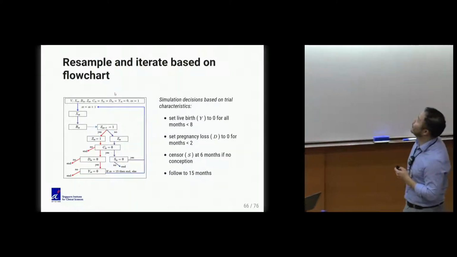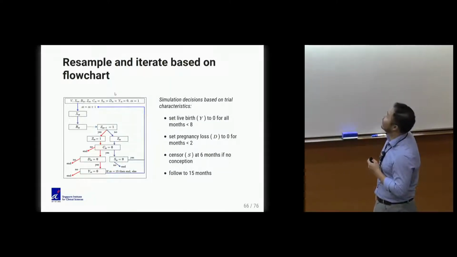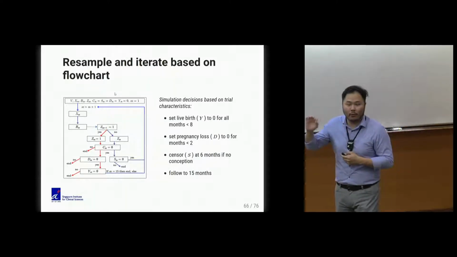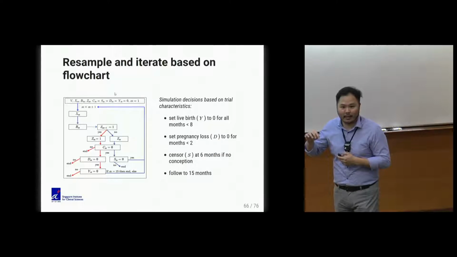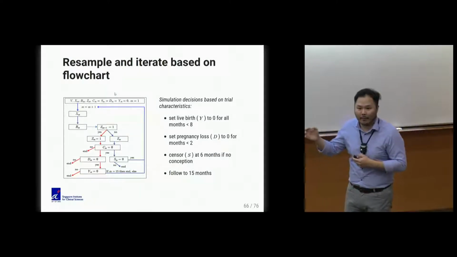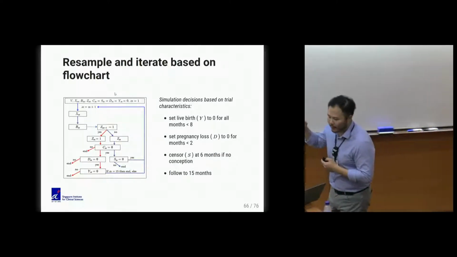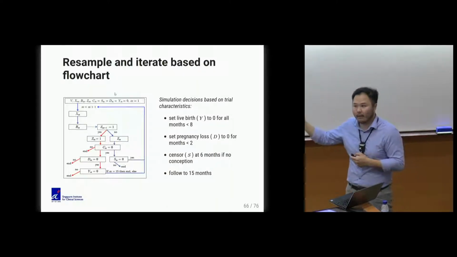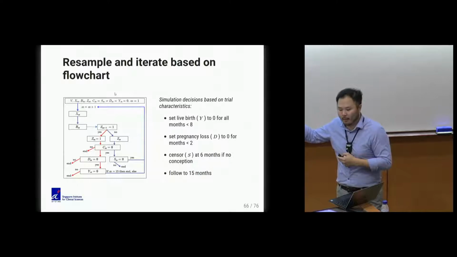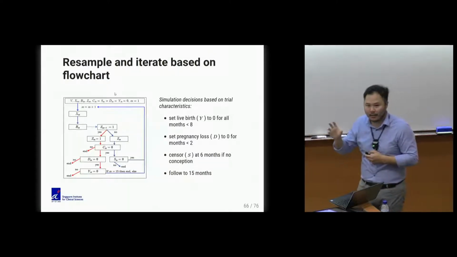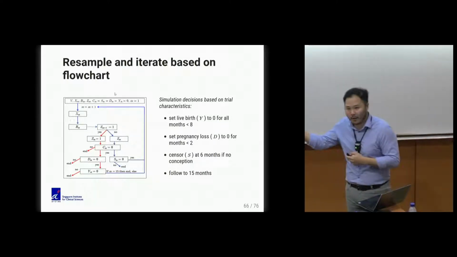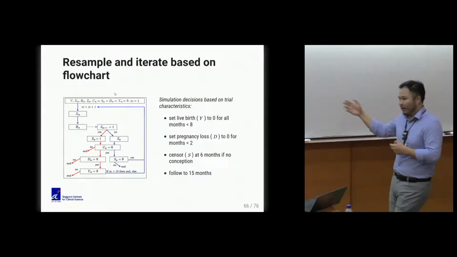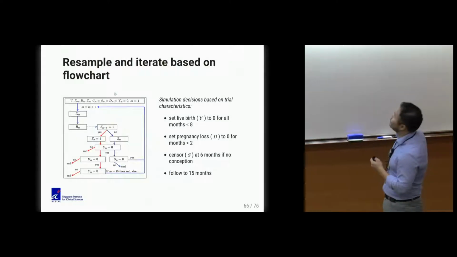For example, because all of these people that were enrolled in this trial were known to not have been pregnant at the time they enrolled in the study, the earliest a live birth can happen is 8 or greater months. And actually it was observed in this trial that that's true. There are no pregnancies before 8 months since randomization. Right, because fertilization has to happen, then a birth, even if it's preterm.